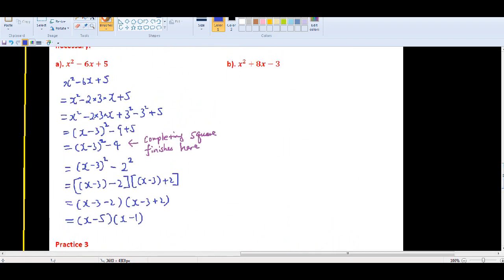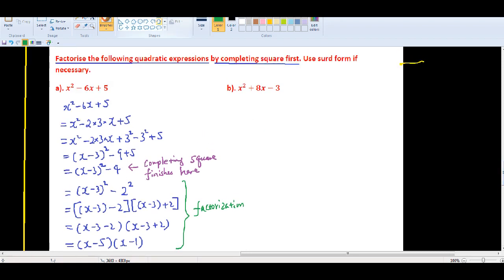So from here to here, that's what we call factorization. Completing square stops when you get (x minus 3) squared minus 4, but you need to continue, because the question asks you to factorize this one.